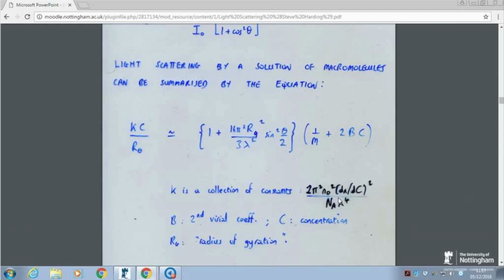Yeah, for proteins it's about 0.19 mls per gram. And for polysaccharides it's about 0.15. So for glycoproteins it's about 0.1, depending on the degree of glycosylation. Good, so we're getting it.